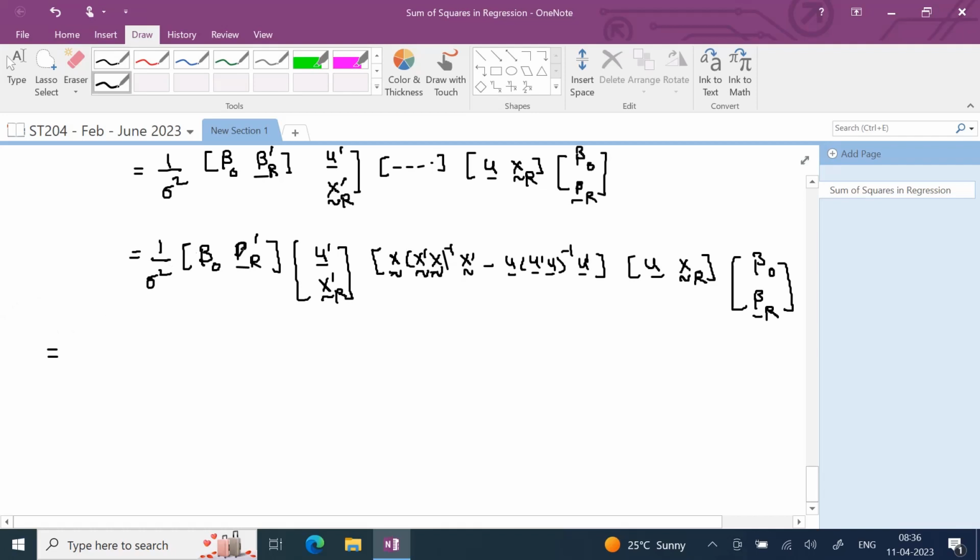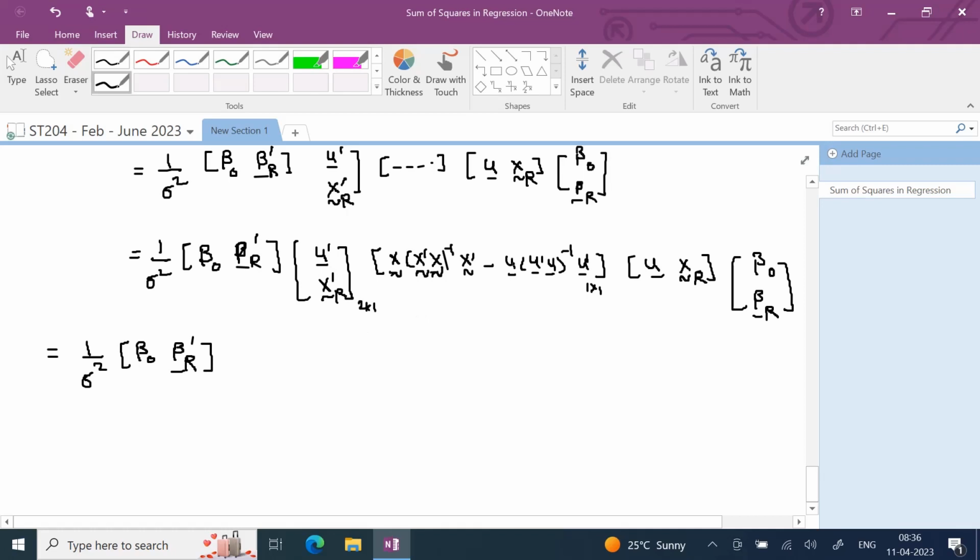So let me take the products. This beta naught and beta r prime, right now I will keep as it is. From this product, what do I get? This is like 2 cross 1 in the partitioned setup, and this is like 1 cross 1, so I should finally get 2 cross 1.